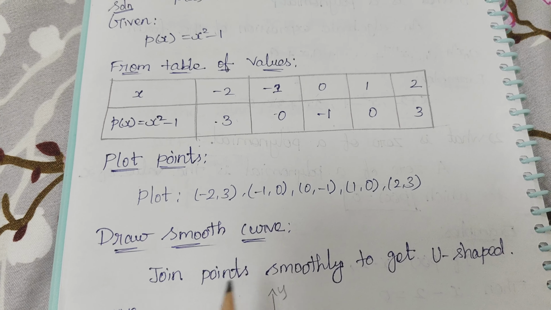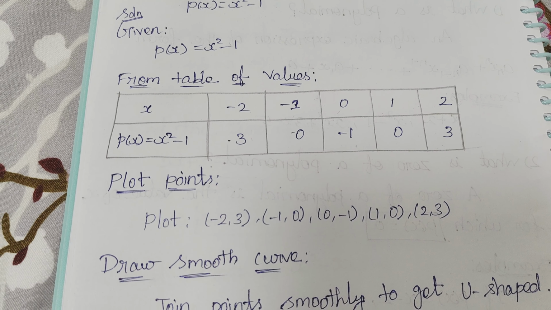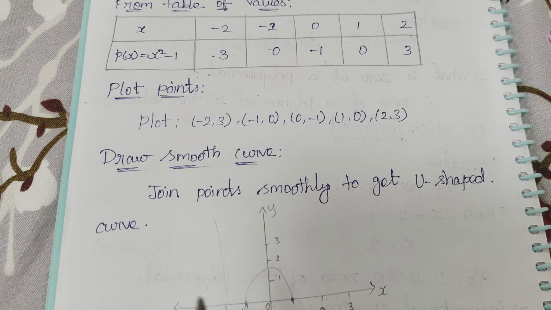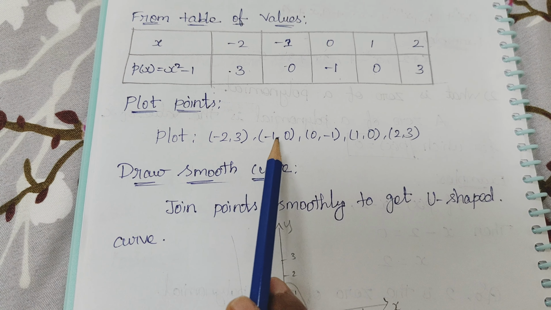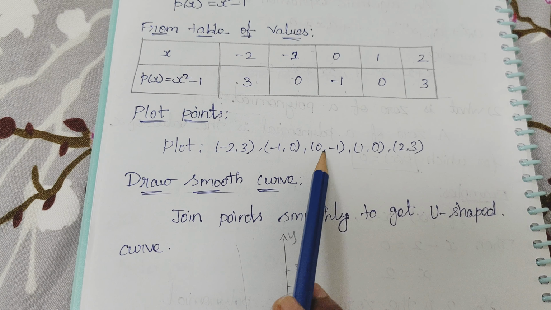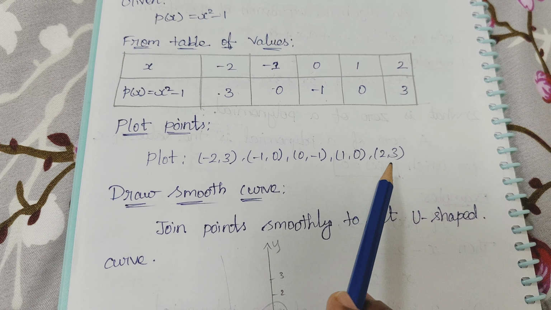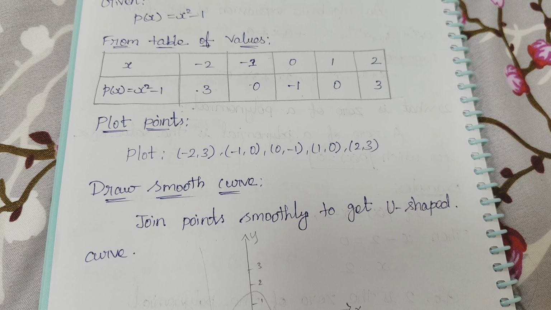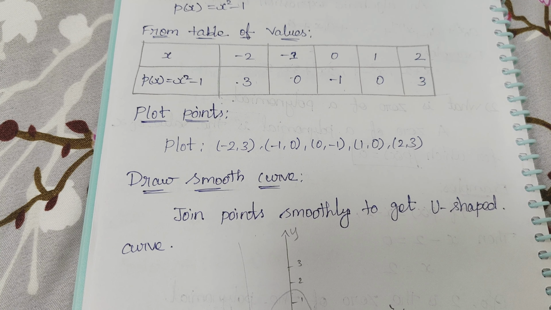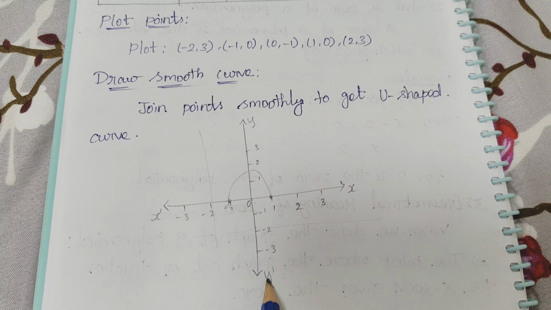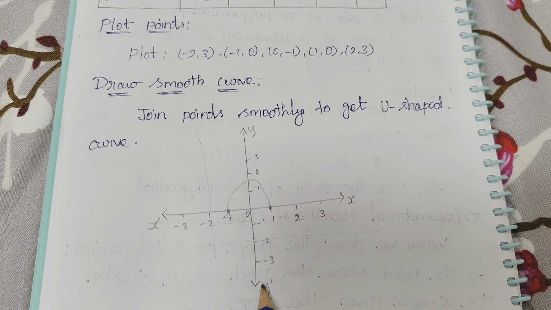Now we plot these points on the graph. The points are minus 2, 3; minus 1, 0; 0, minus 1; 1, 0; 2, 3. After plotting, we join the points smoothly, and we get a U-shaped curve in the graph.